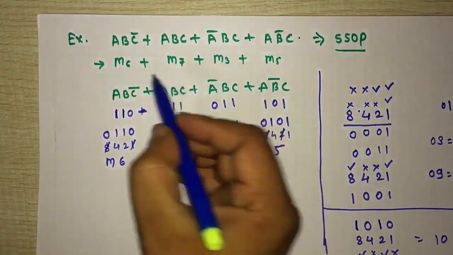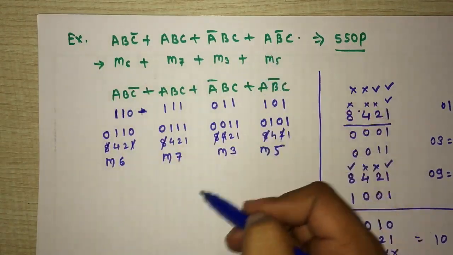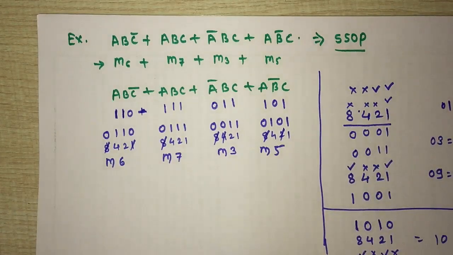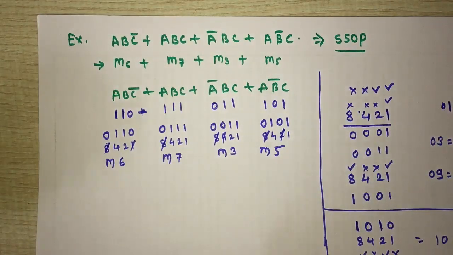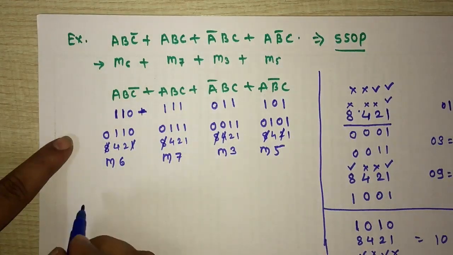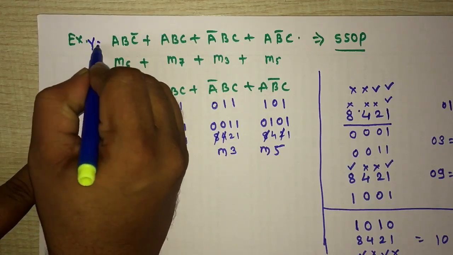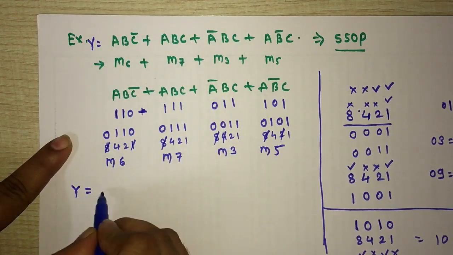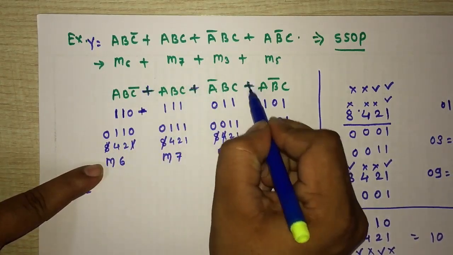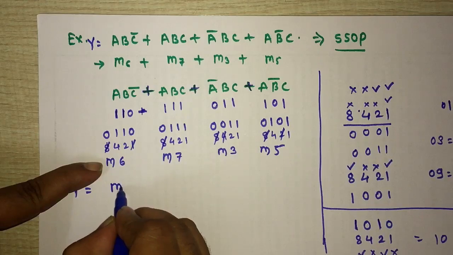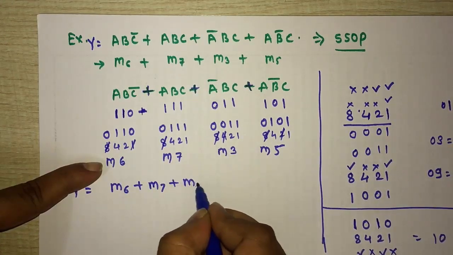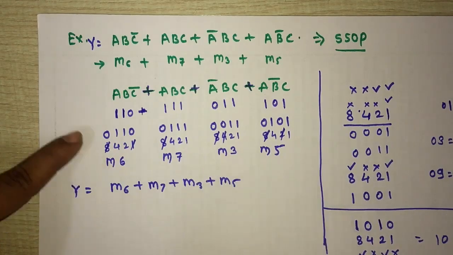Okay, you can either write it from the table, or you can directly write it by remembering the 8421 format, converting your binary value into its equivalent decimal value. Suppose this equation is y. We will write this equation as a summation of minterms: m6 plus m7 plus m3 plus m5.